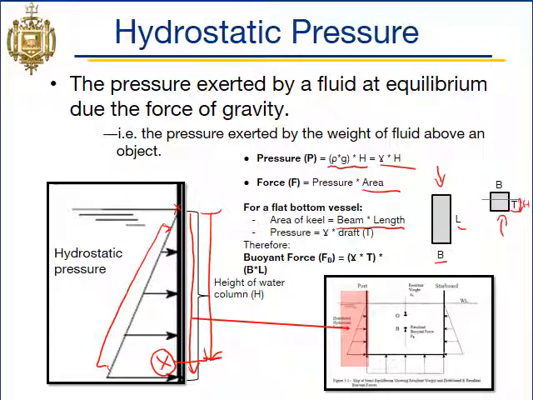If we look at this ship and all the hydrostatic forces acting on it, and graph those, we'd see that on the sides of the ship you have no hydrostatic pressure right at the water line, and it increases in a linear fashion until you get to the keel. Once you're at the keel, there is a constant value of pressure because you are at a constant depth across the keel.